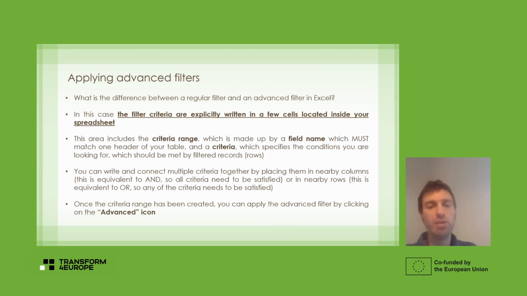Or alternatively, you can place the field name and criteria on top of each other, so on the vertical scale. And in this case, Excel will automatically interpret this information as an OR Boolean operator. So only one of the two, any of the criteria that you're using needs to be satisfied.